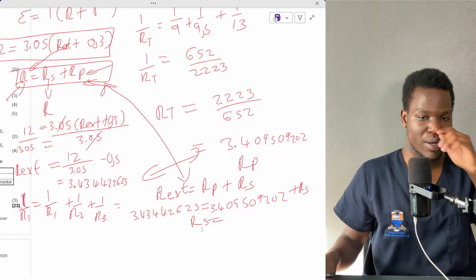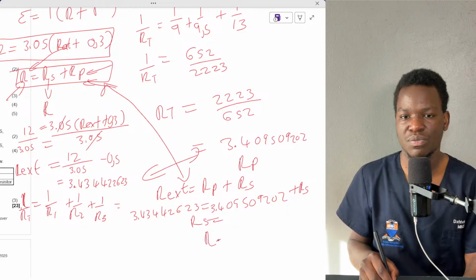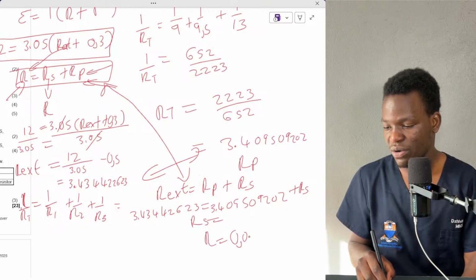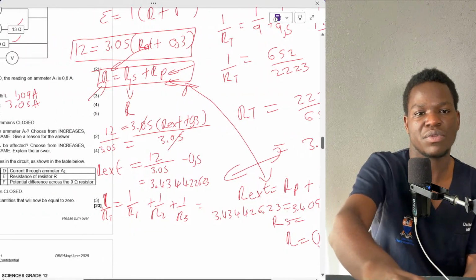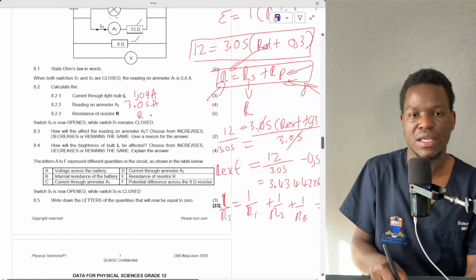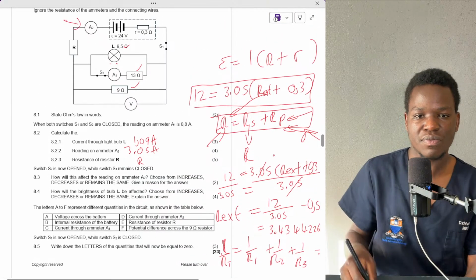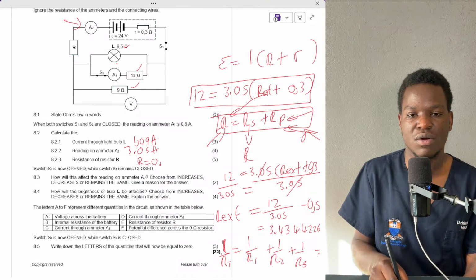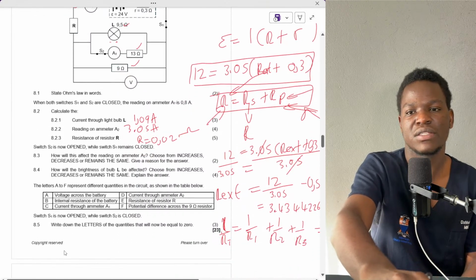So our R is going to be 0.02. This is our R. So it's going to be 0.02. Our R there is going to be 0.02 ohms. So there it is.